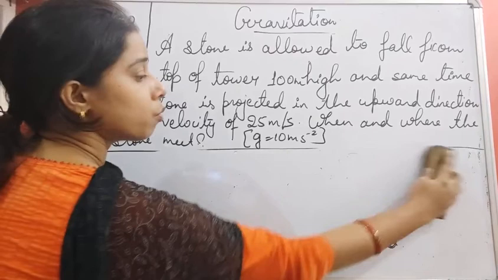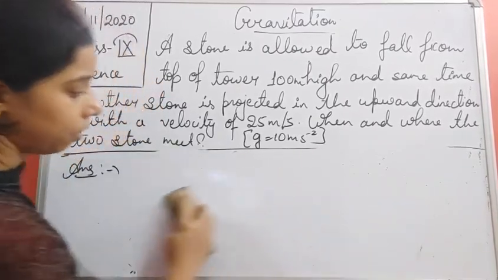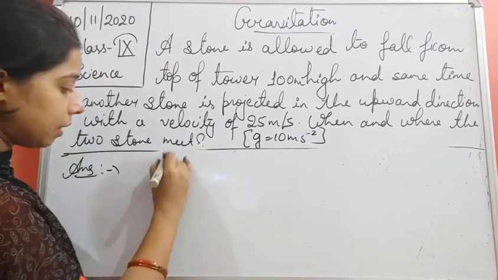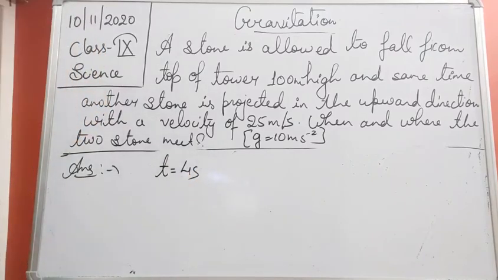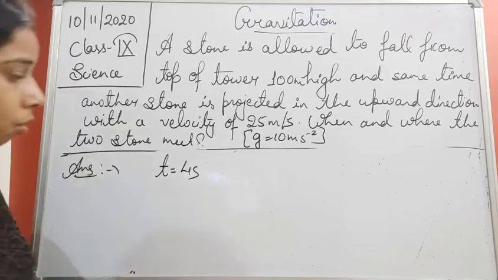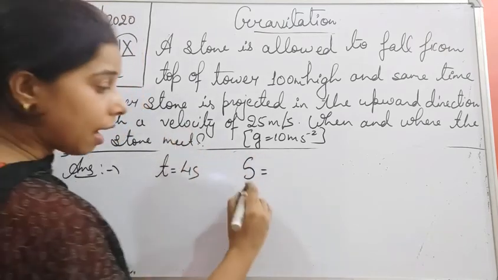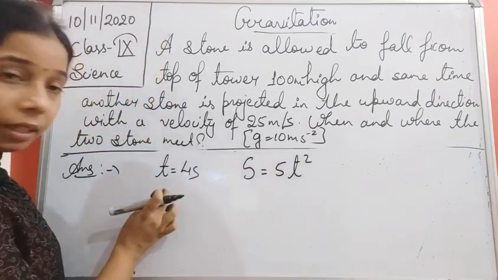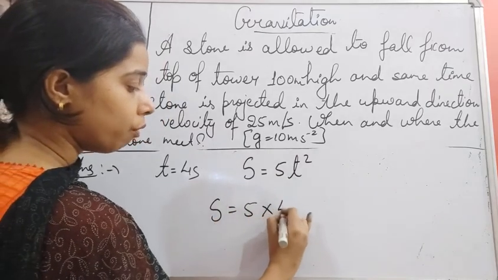Now what we have to find? We have to find the distance traveled by them. So we are knowing t, that is equals to 4 seconds. And now we are going to find the distance traveled. So students, we are knowing the first equation was S is equals to 5t square. And value of t we are knowing. So S will be equals to 5 into 4 square.